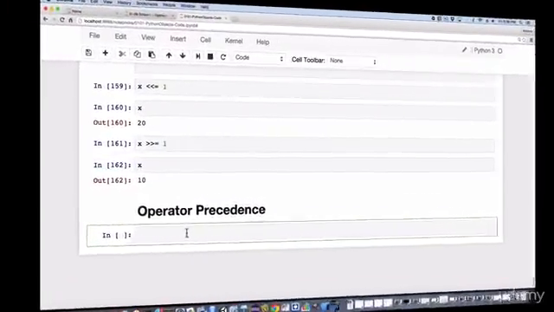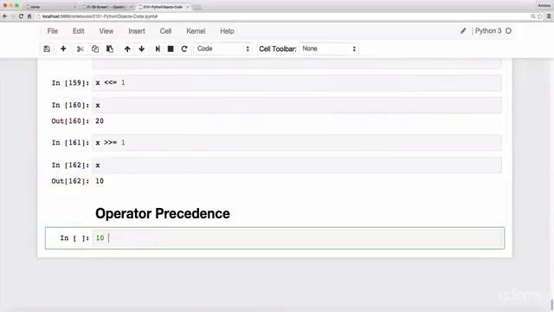Let us say we have the expression 10 minus 4 star 2. Suppose we execute the subtraction first and the multiplication later, then we get 12: 10 minus 4 is 6, and multiplied by 2 we get 12.